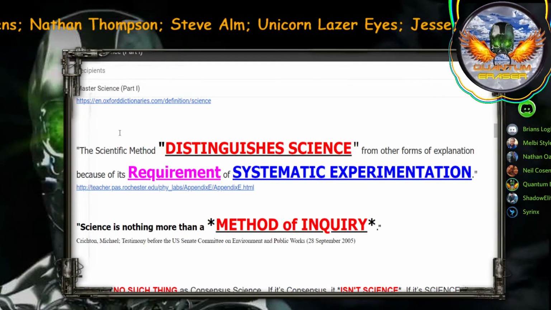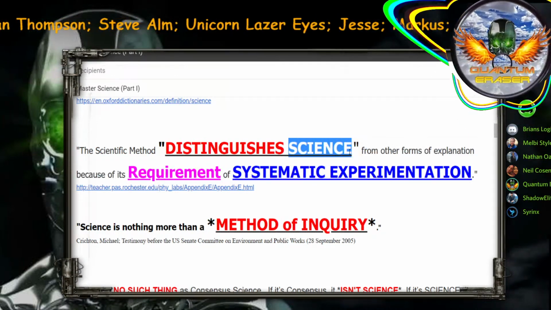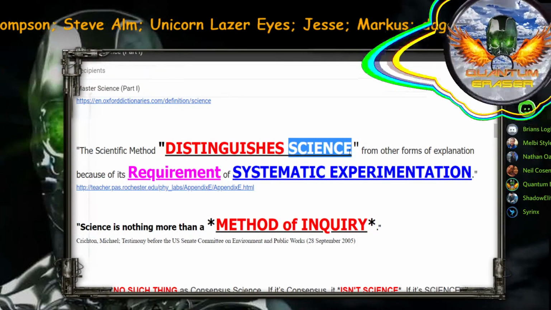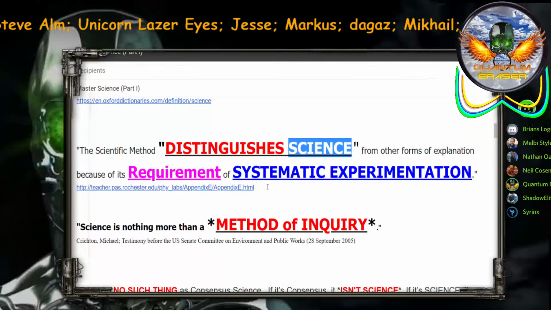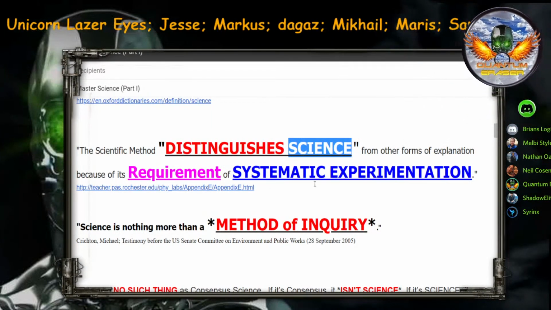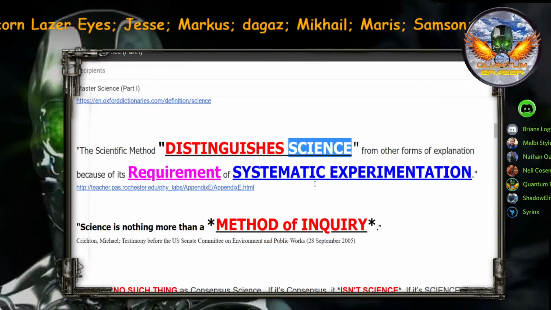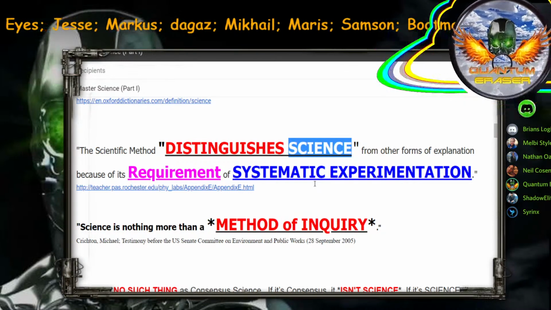That means if you don't have experiment, you don't have science. Or natural science. Whenever they say science in these genres, they mean natural science. So always remember that. Without experimentation, there cannot be any natural science. Zero. Tells you that right there.